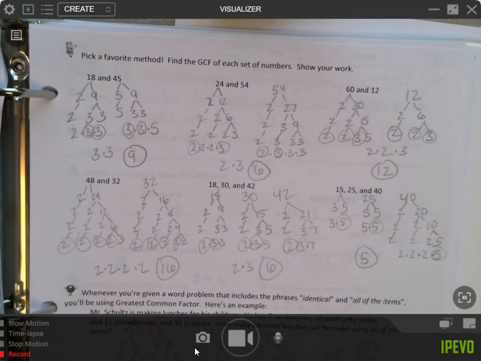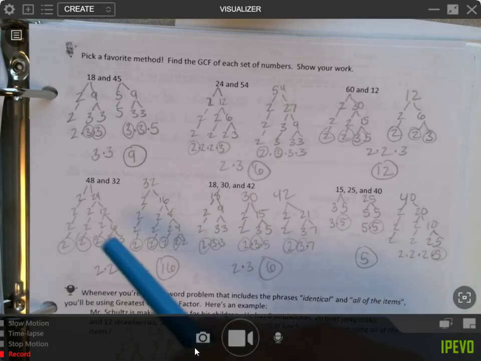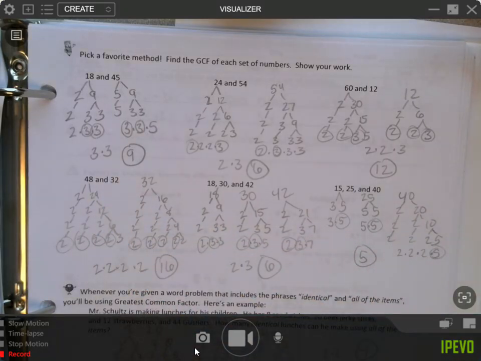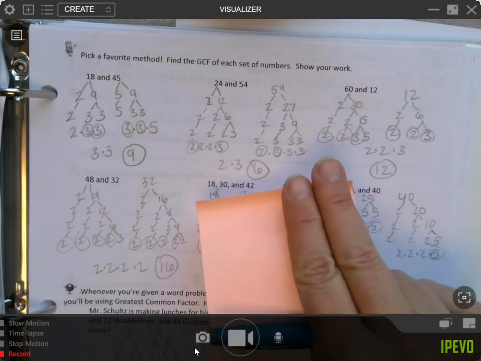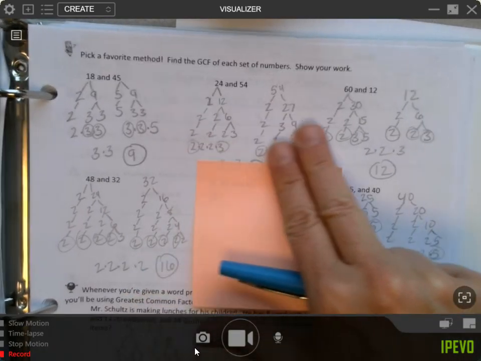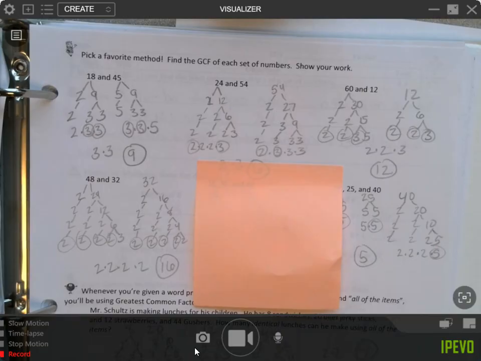So we're all getting the same greatest common factors. Adeline? 48 and 32. What method did you use, Adeline? The listing.